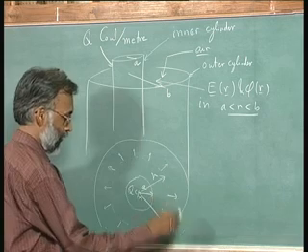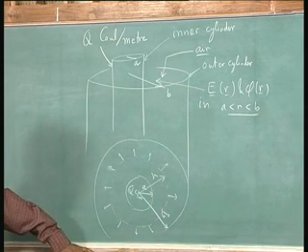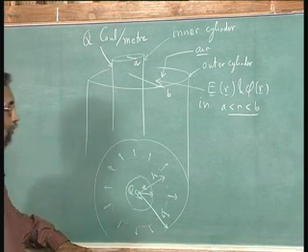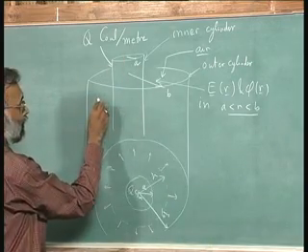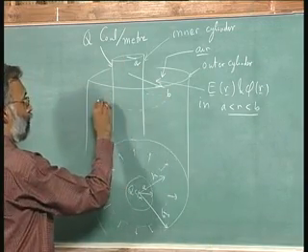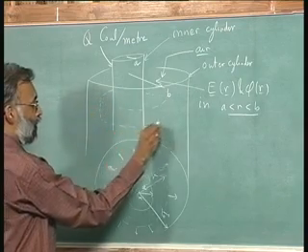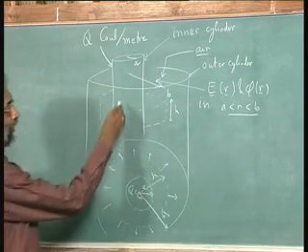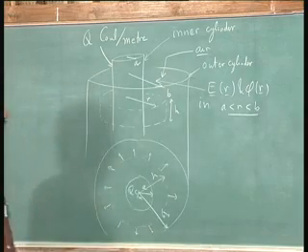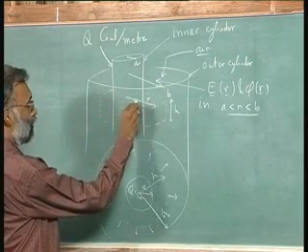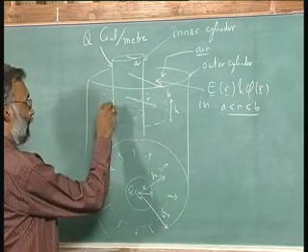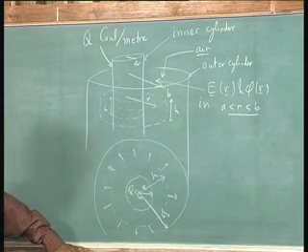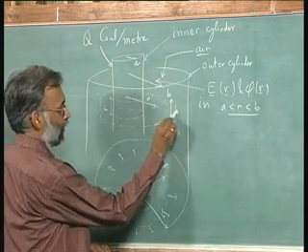So, if I want to compute a relationship between electric field and charge, what I do is I construct the following box. The box has a height h, it has a radius r, and it encloses a height h of the inner cylinder. Now, the electric field is radially outwards.